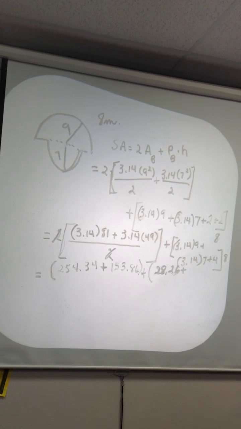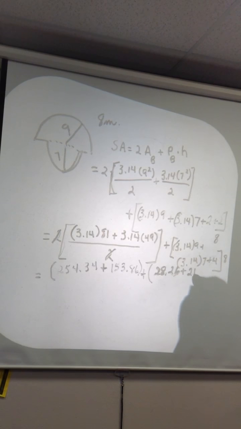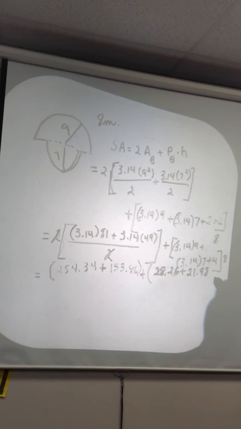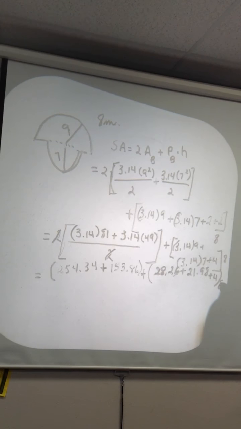What did you get, Emma? 21.98. 21.98 plus 4, and then you're going to multiply all of that times 8.